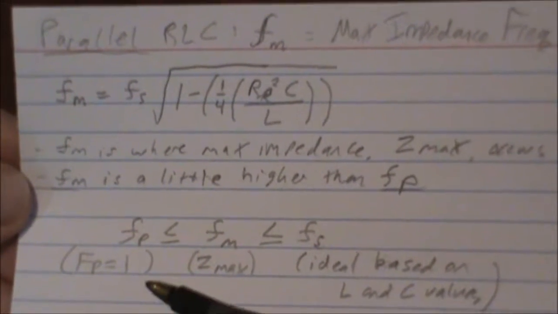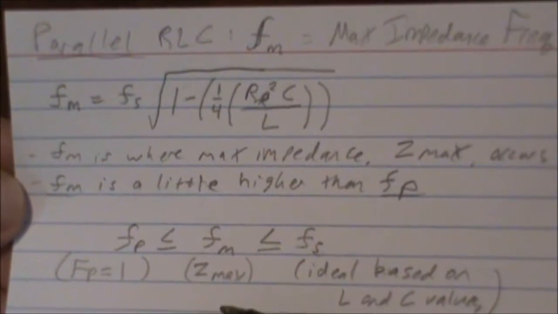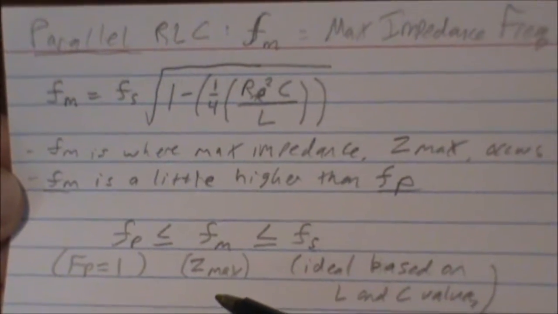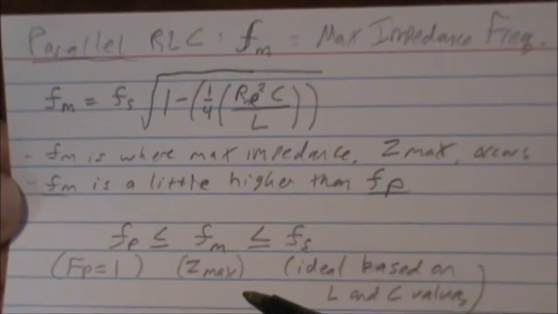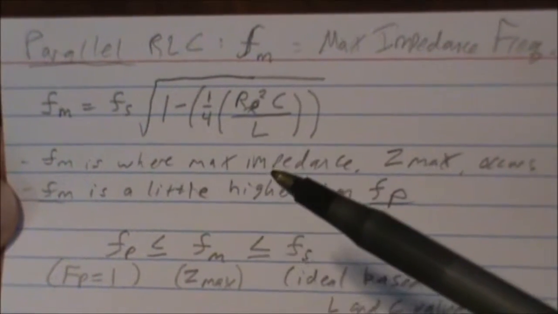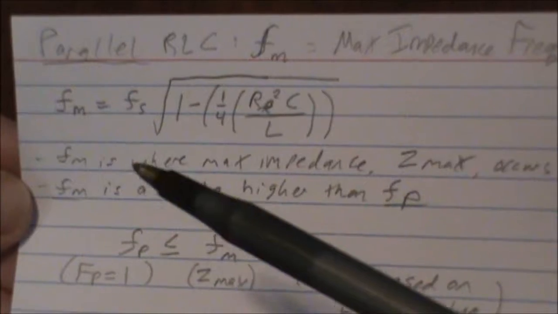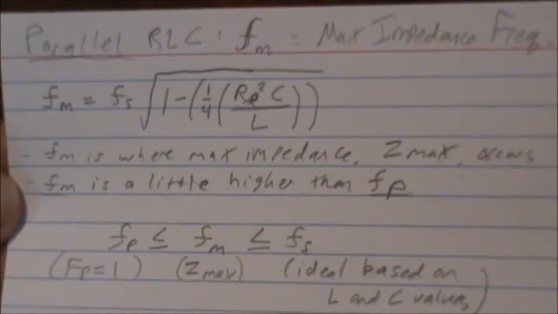So F sub P, parallel resonant frequency, is for a power factor of 1. F sub M, if you want max impedance conditions, is from this formula here, 1/4 of it. And that's the frequency at which you will have max impedance.